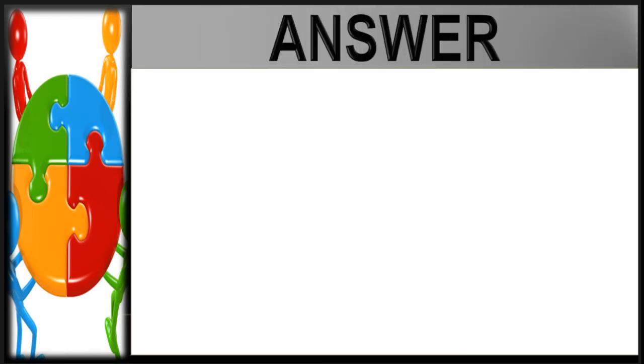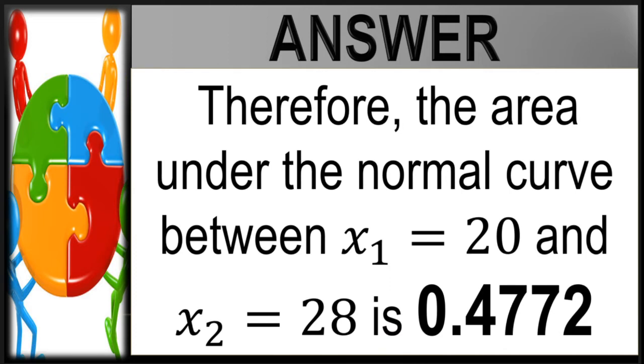So the answer is, therefore, the area under the normal curve between a given score 20 and a second score equal to 28 is 0.4772. We don't need to multiply it by 100% since we're talking about the area of the normal curve.